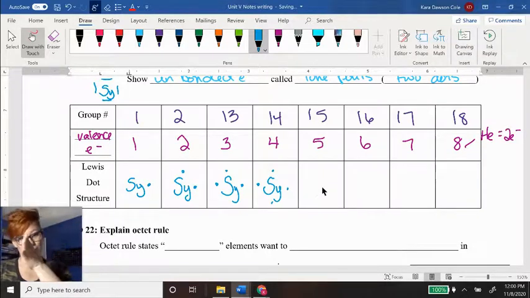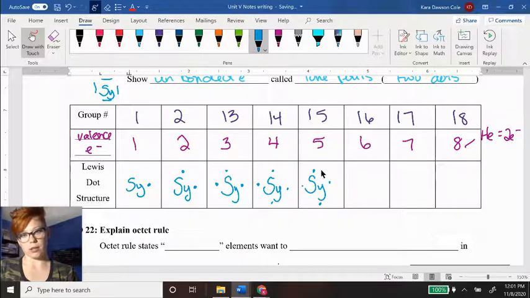You have 1 electron going in and then you double up. Same thing goes here. Group 15, you're going to have your symbol and 5 dots. And then group 16, symbol and 6 dots.